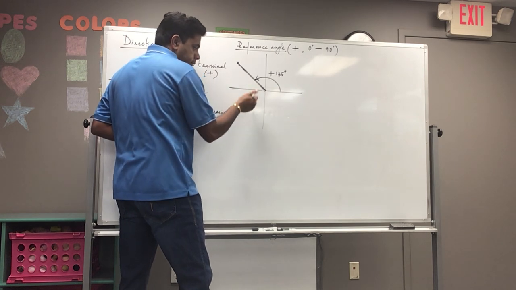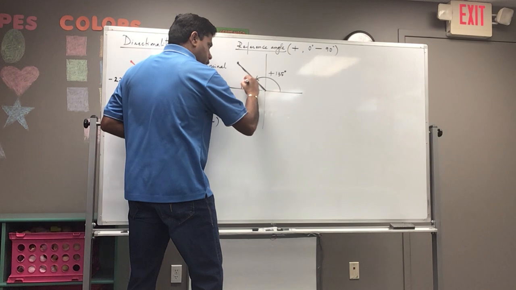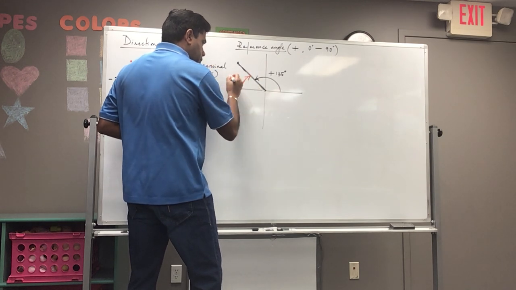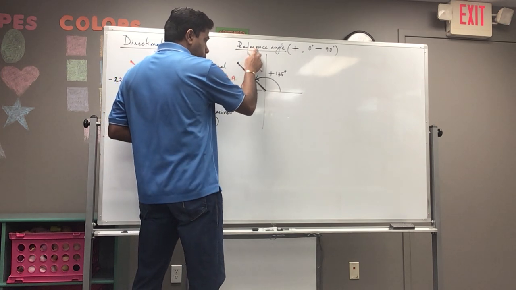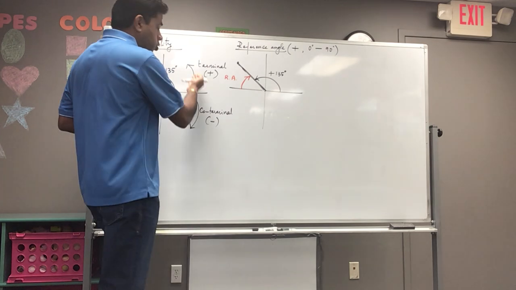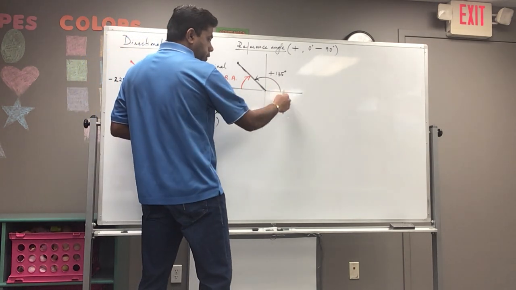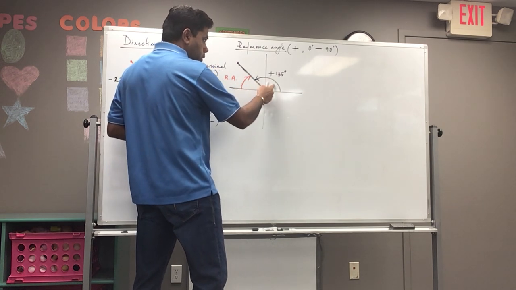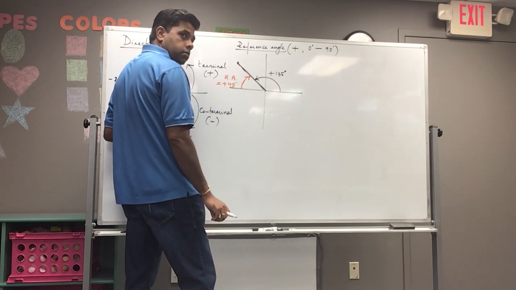So this is my x-axis. This is my reference angle, RA. And remember, it's always going to be positive, irrespective of the direction of the arrows. Sounds good? So this is 180 degrees, this is a linear pair, so if this is 135, the reference angle will be positive 45 degrees. Sounds good?